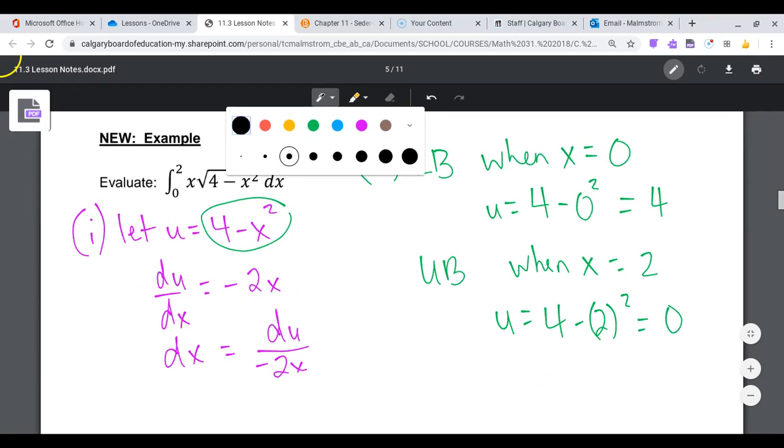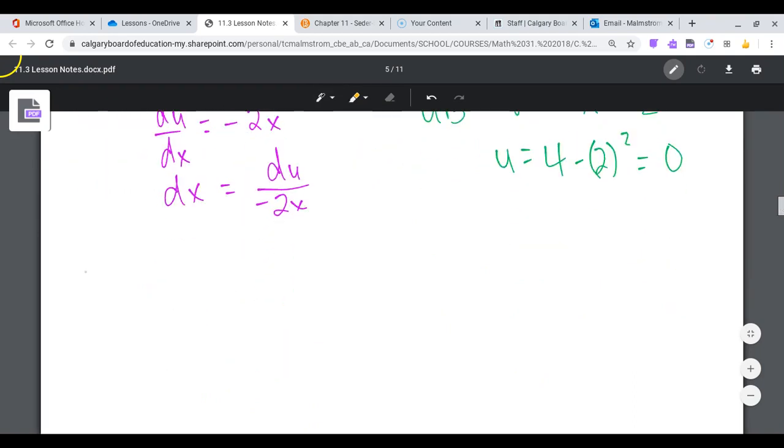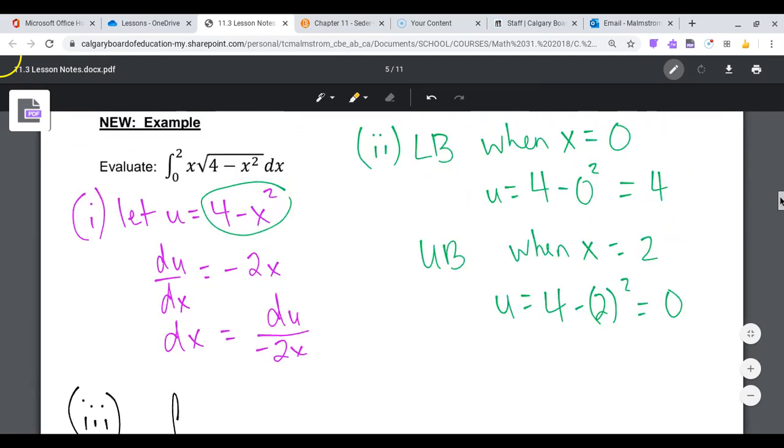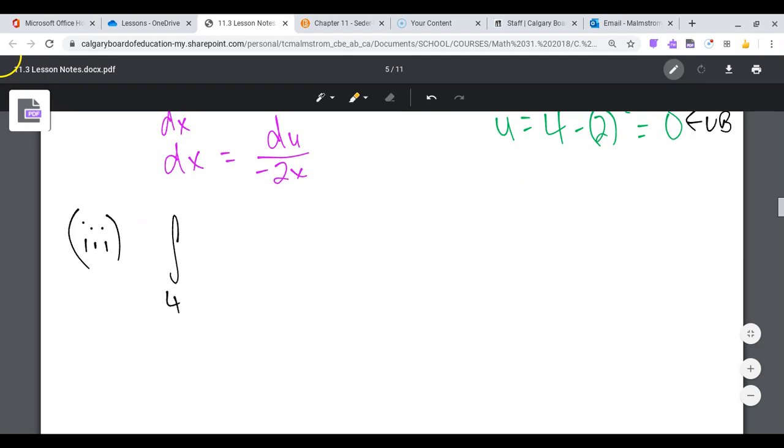So the third thing is now I can actually substitute it in. So the integral from my lower boundary turns out to be 4. That's the lower boundary. The upper boundary, even though smaller, is 0. Keep those, okay? So we're going to go from 4 to 0.